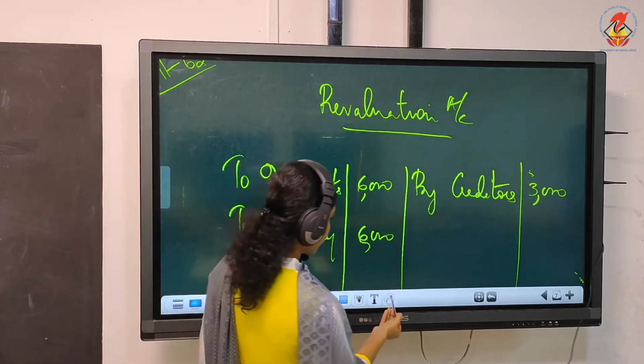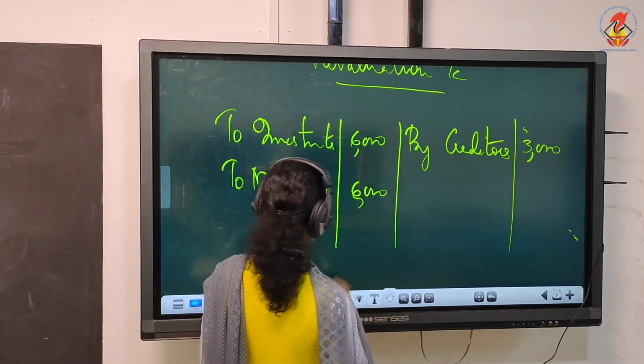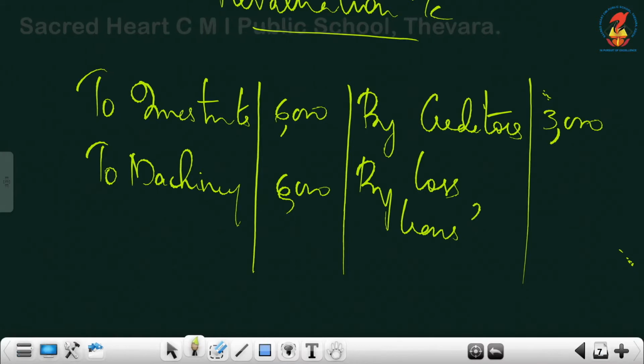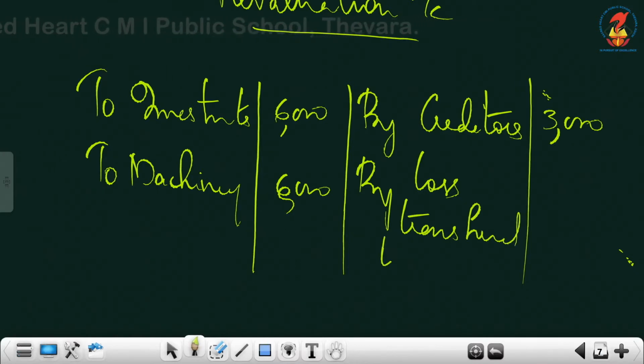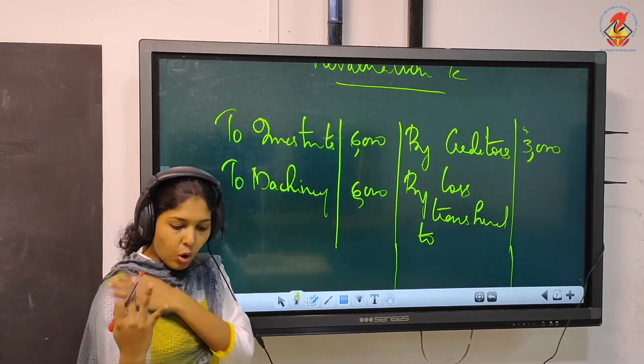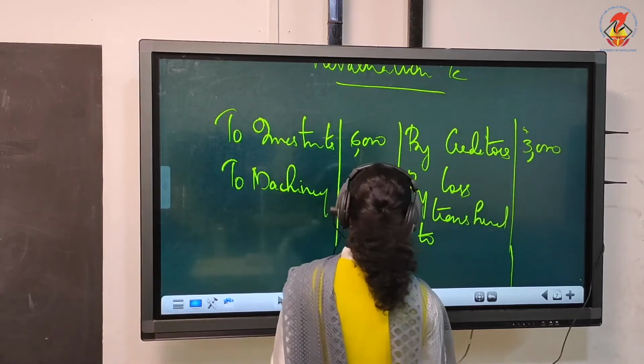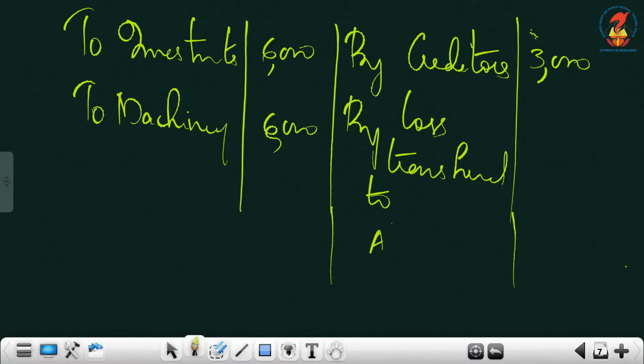Find whether it is a profit or a loss. The debit side is heavier, so it will be a loss, and the loss will be transferred to the partners. What are their names? Old partners. Okay, 3 old partners are there. D is the new partner. So you must divide it among old partners, A, B, C. A's capital, B's capital, and C's capital.